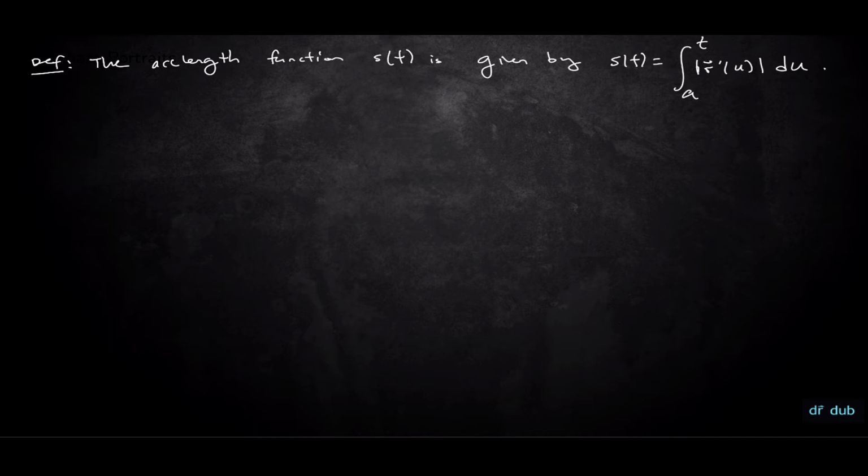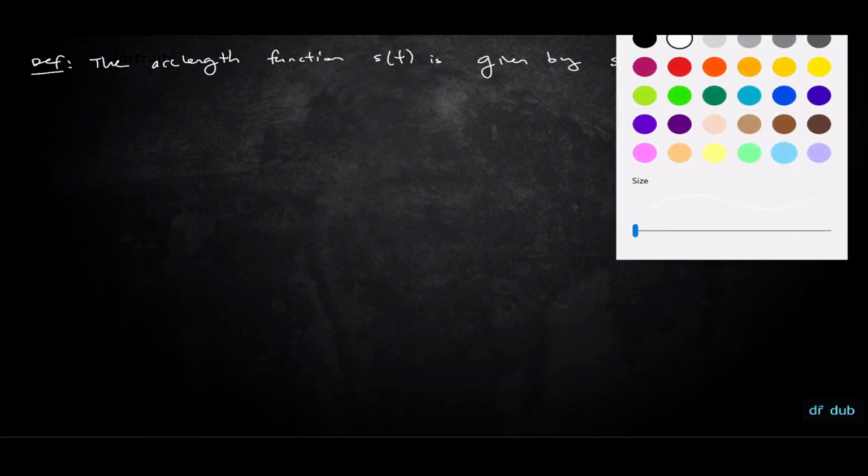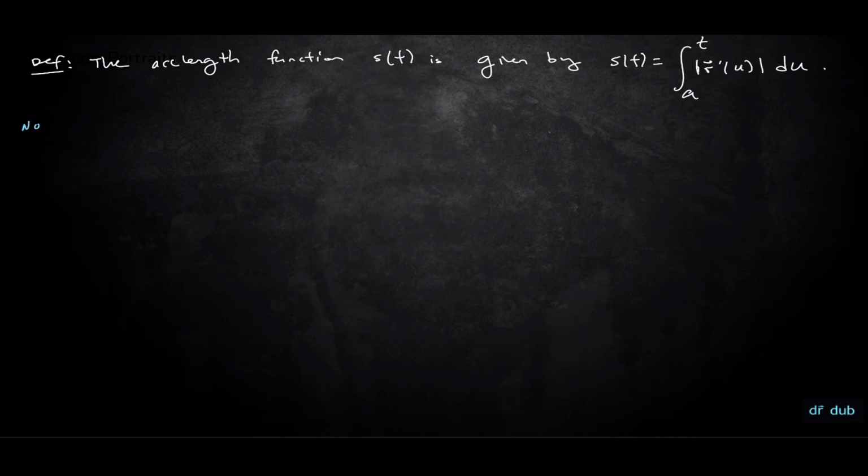From there we want to note, by the fundamental theorem of calculus part 1, that ds/dt is equal to the magnitude of r prime of t.